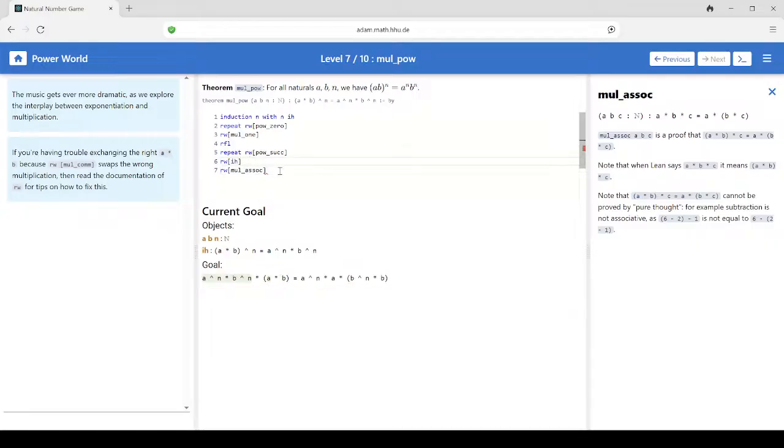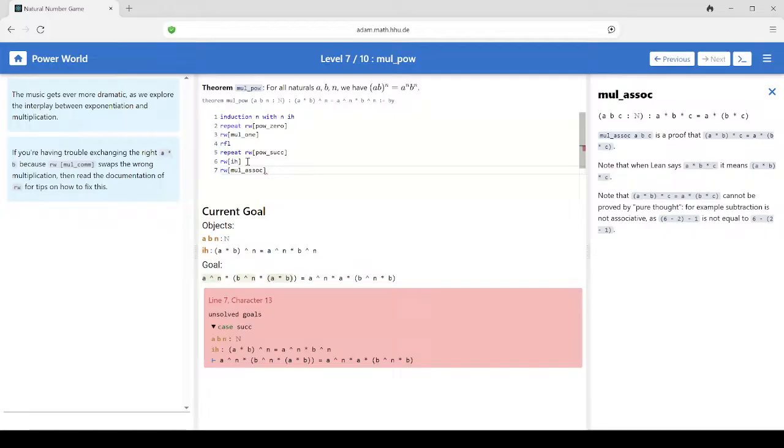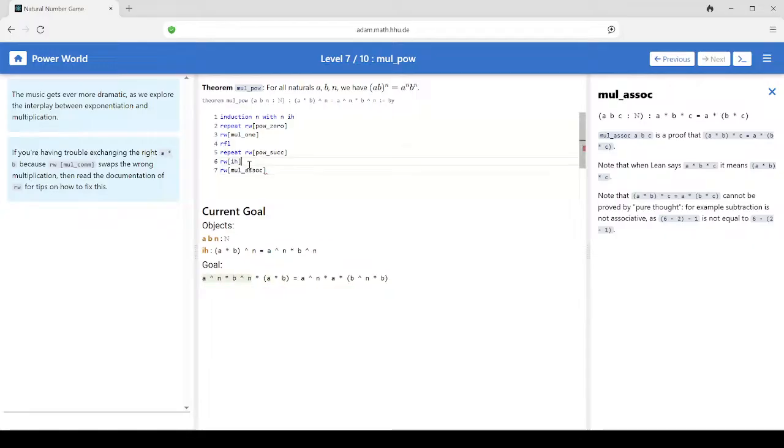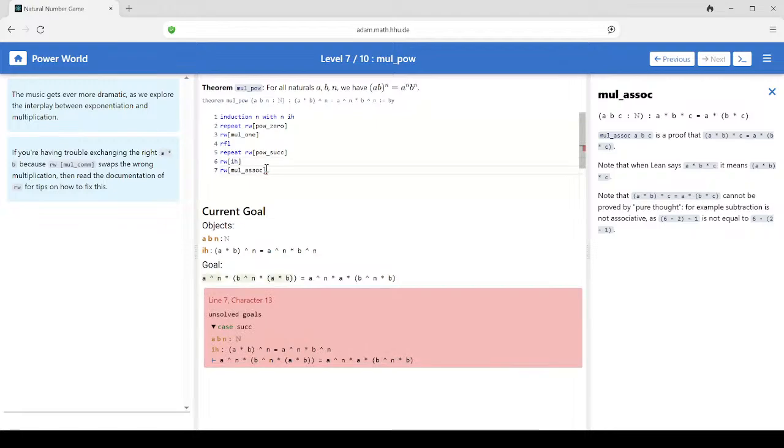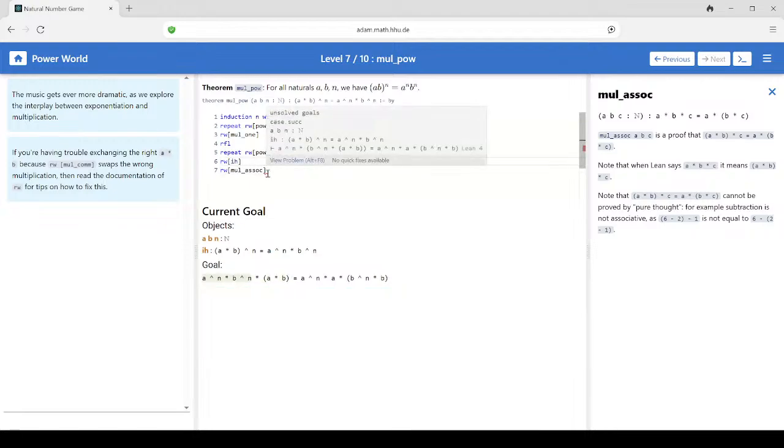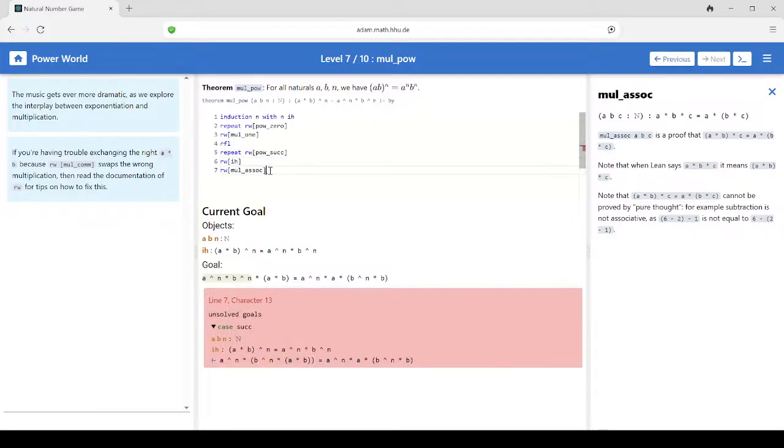What did that do? Is that what I wanted to do? That just added parentheses. I don't think that's what I wanted to do.